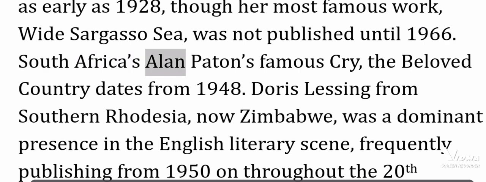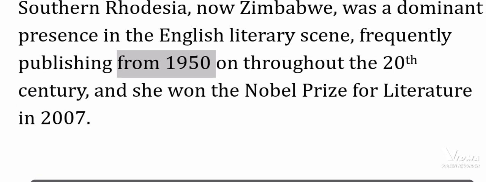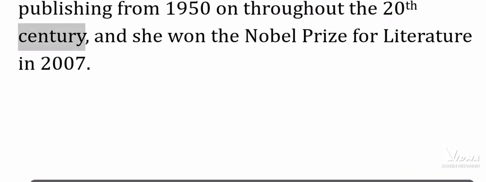South Africa's Alan Paton's famous Cry, The Beloved Country, dates from 1948. Doris Lessing from Southern Rhodesia, now Zimbabwe, was a dominant presence in the English literary scene, frequently publishing from 1950 on throughout the 20th century, and she won the Nobel Prize for Literature in 2007.